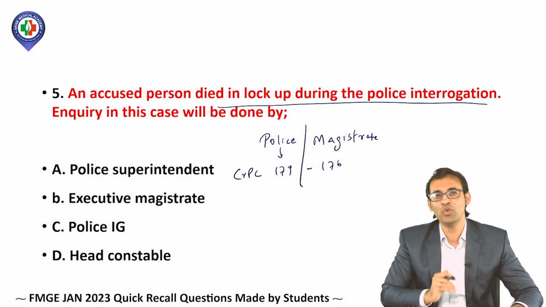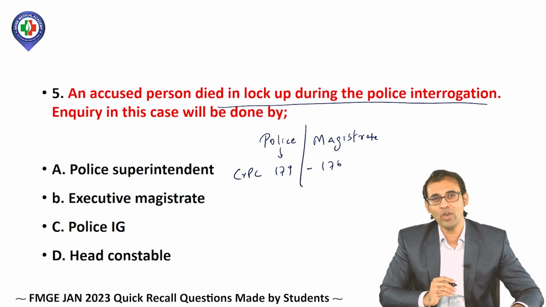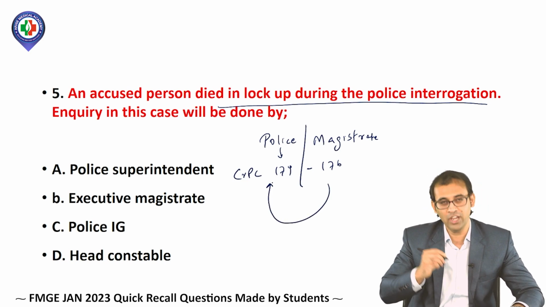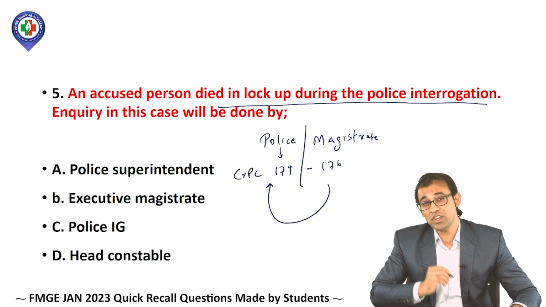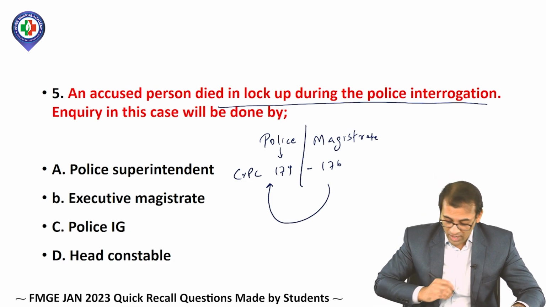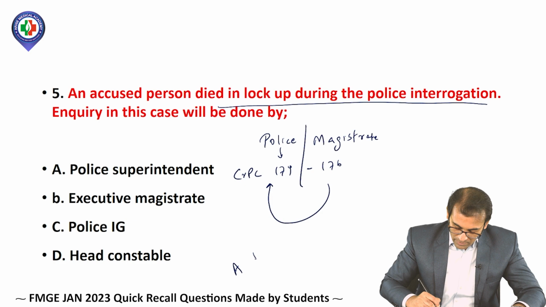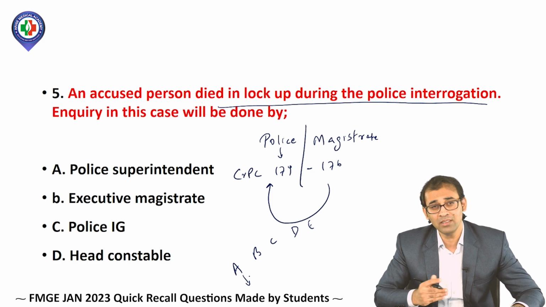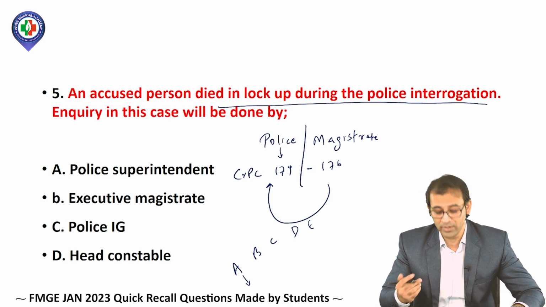In this situation, the inquiry will be done by a magistrate. So in which conditions will there be an inquiry by a magistrate? In a case of A, B, C, D, E, we have learned it. Death in an asylum, like a psychiatric hospital.